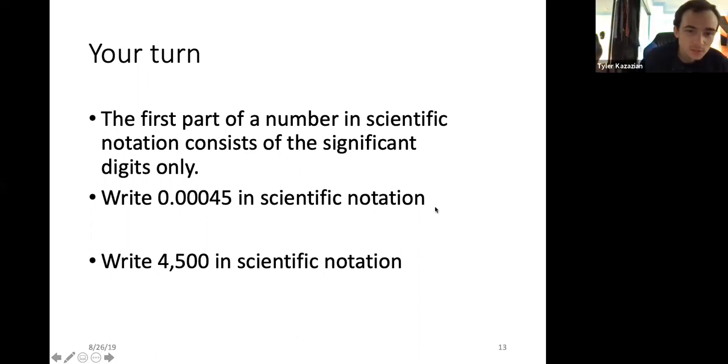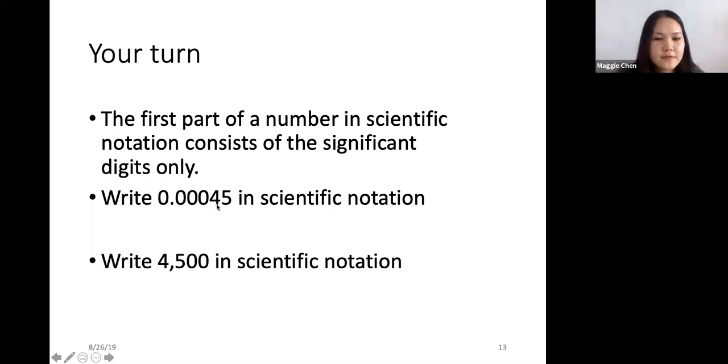For that first one, is it 4.5 times 10 to the negative 5? Yeah, if you wanted to have two sig figs, you could write it that way. I think if we wanted to just keep it as 4, if we wanted to move the decimal point here instead of after the 5, it would be to the negative 4.